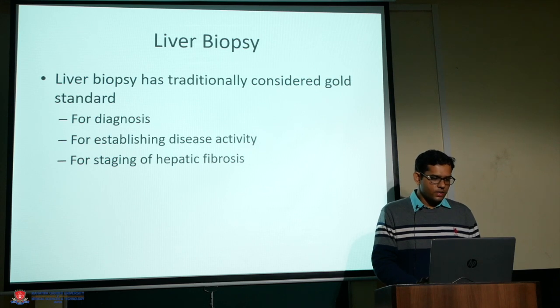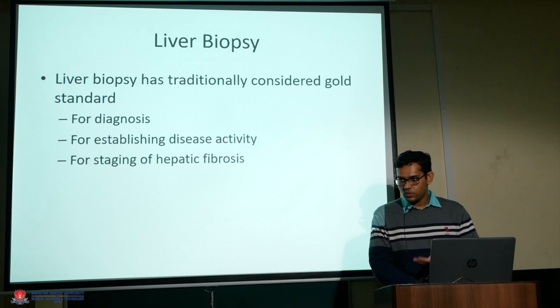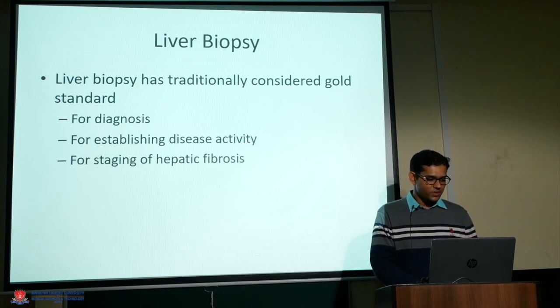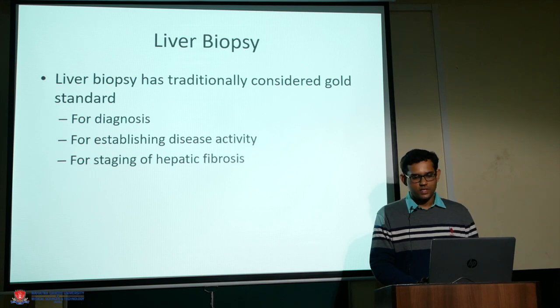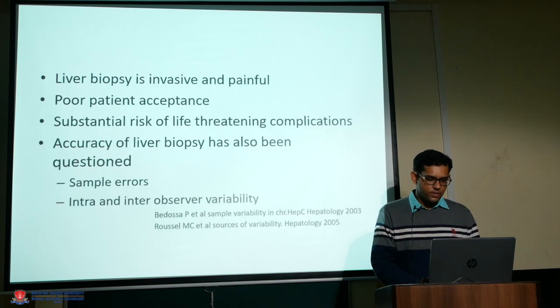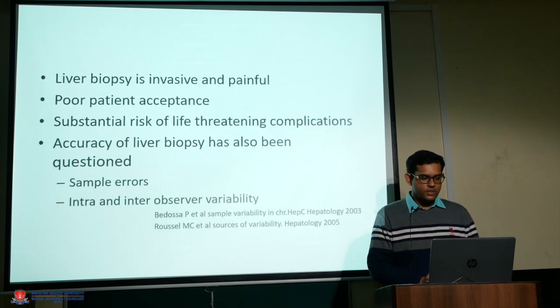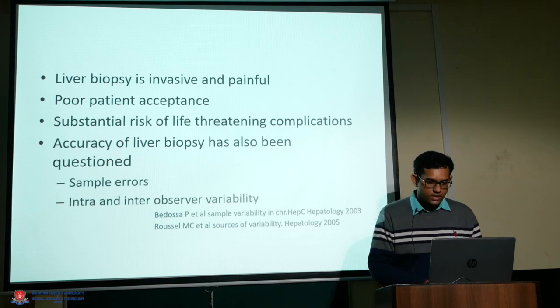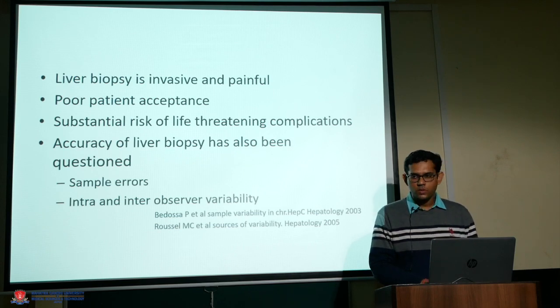Liver biopsy, which was traditionally considered the gold standard and is presently also the gold standard obviously, is used for the diagnosis, for establishing the disease severity, and also for staging of hepatic fibrosis. Liver biopsy is unfortunately invasive and painful, and there is poor patient acceptance.